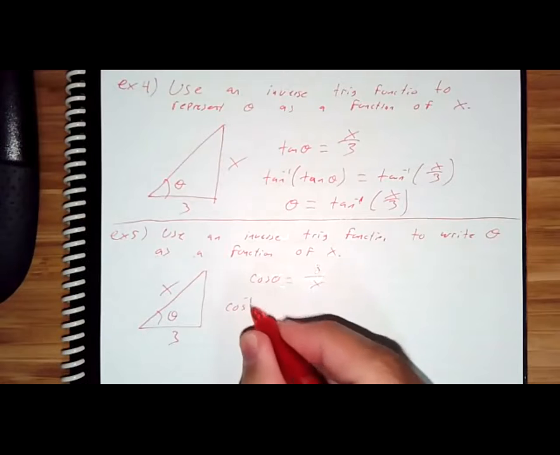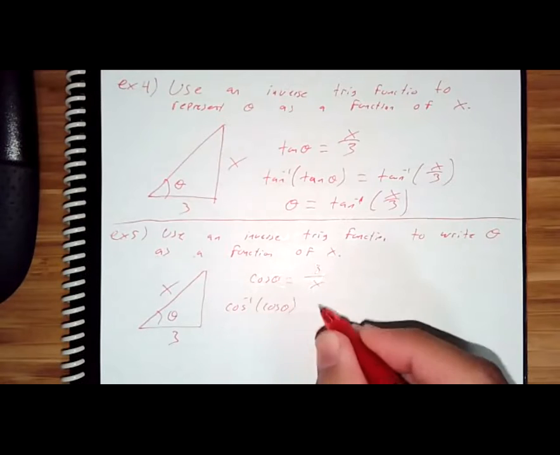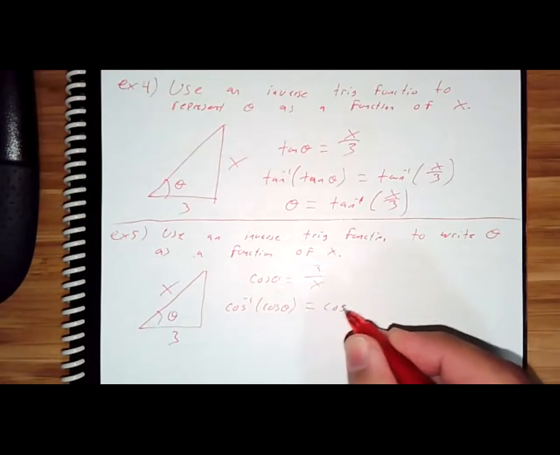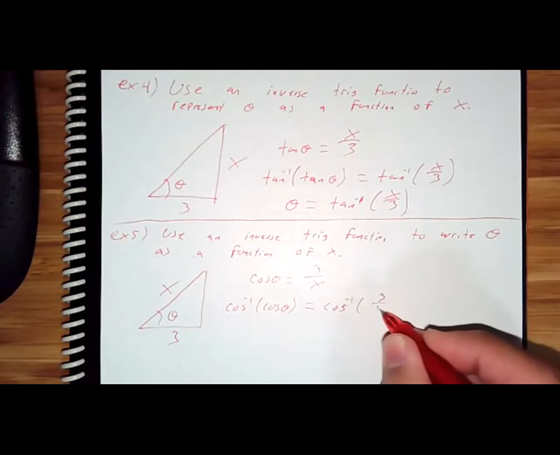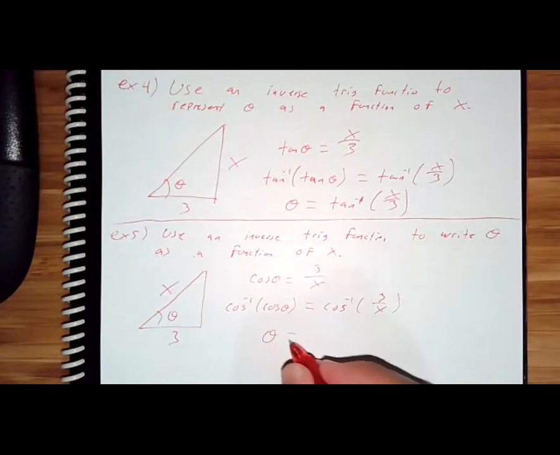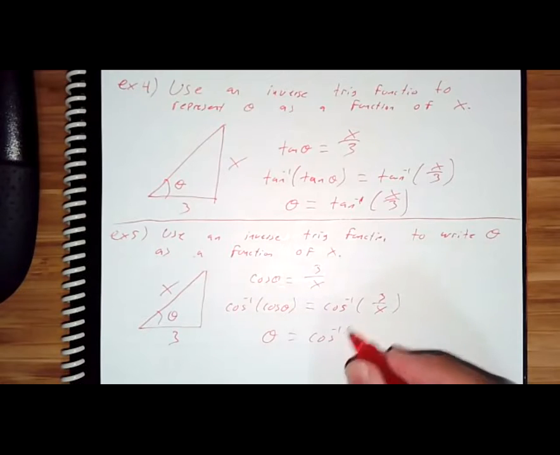Solve for theta by canceling cosine, using the inverse cosine. Theta will equal this function.